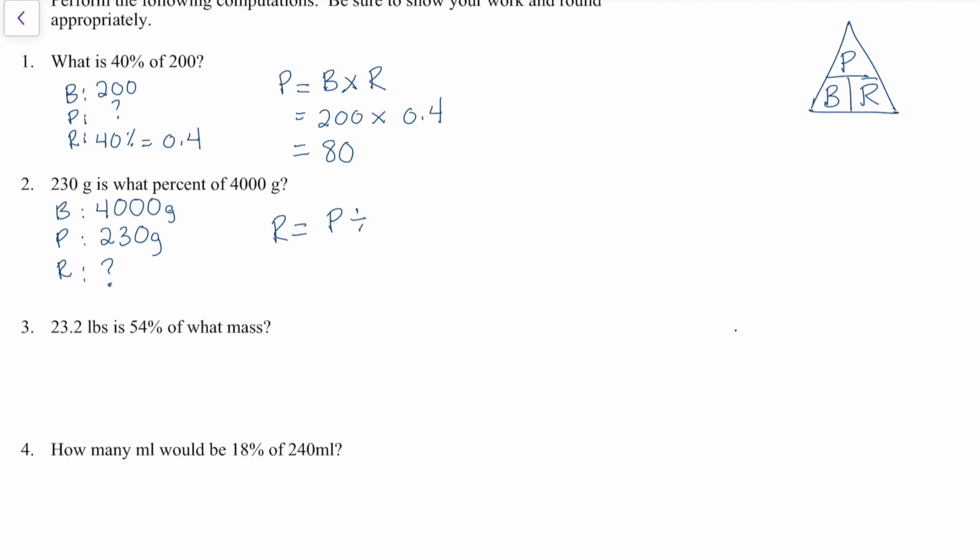And if I'm doing rate, I'm doing portion divided by my base. So 230 divided by 4,000 is 0.0575, or 5.75%.